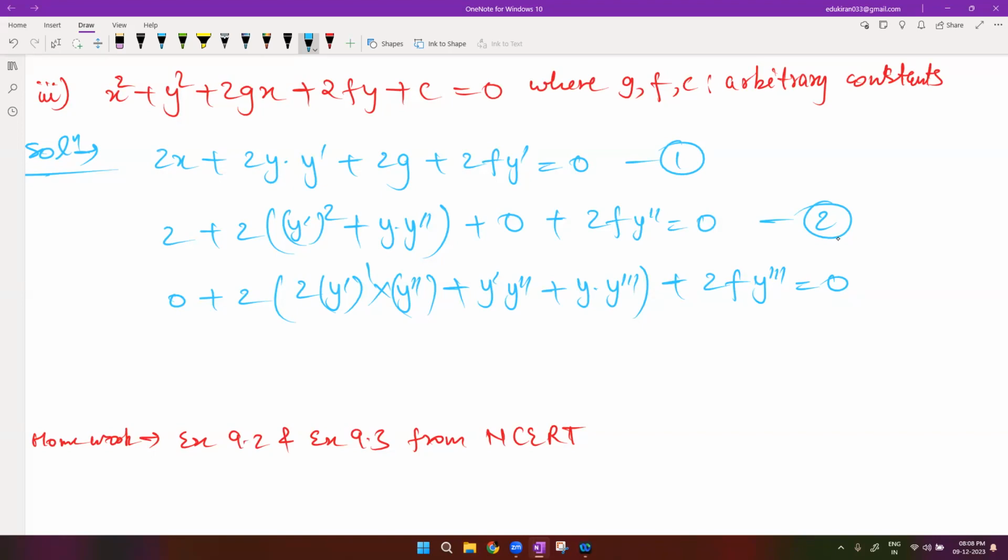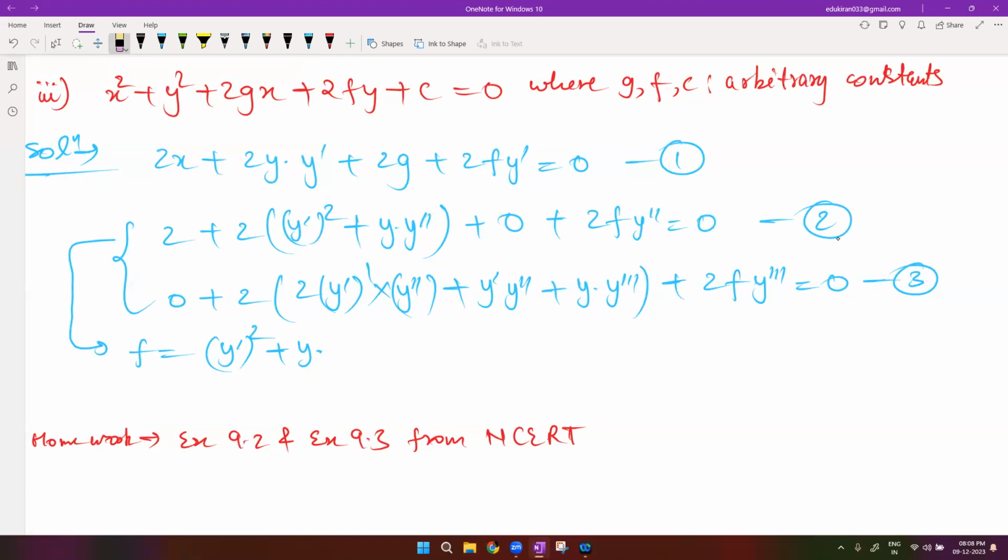Now, you can see that in the second and third, you only have f. So you can find out the value of f from the second and put that in the third. From the second, the value of f would be y dash whole square plus y into y double dash.